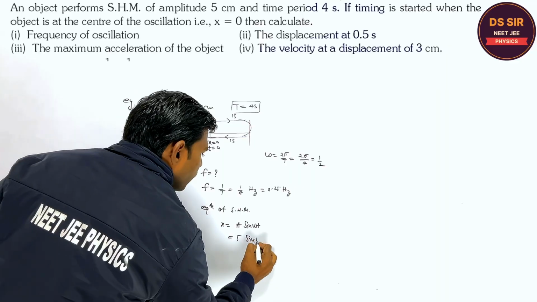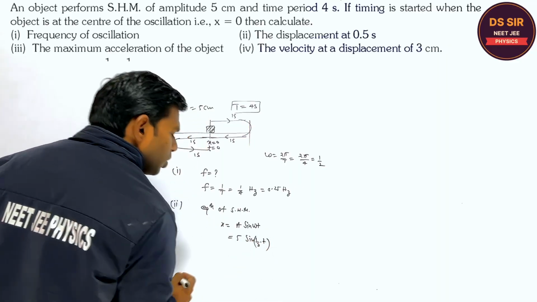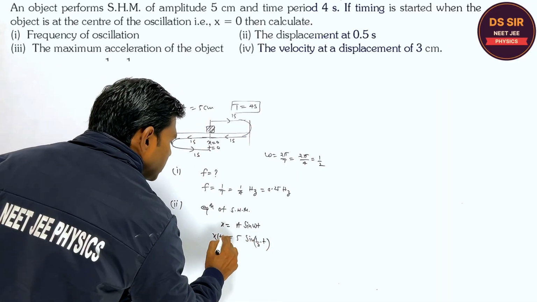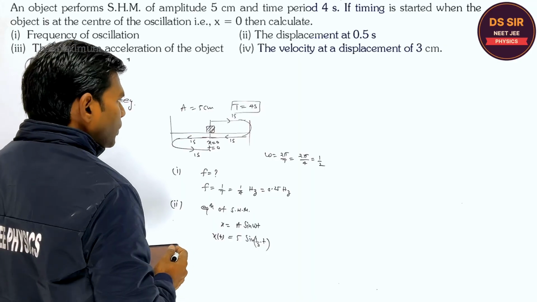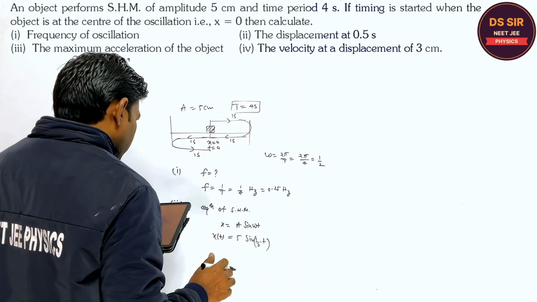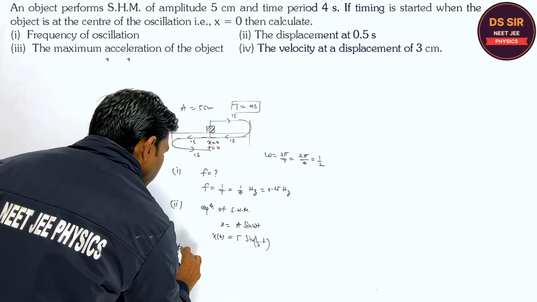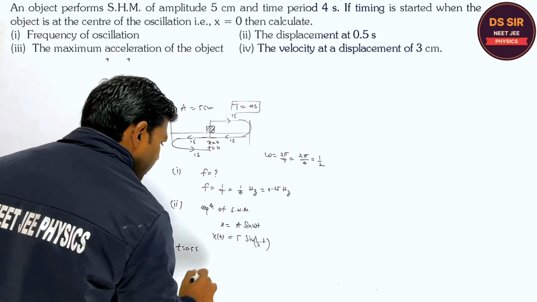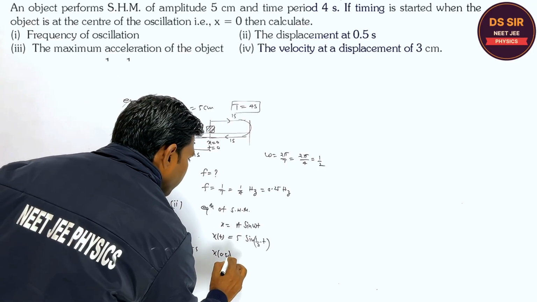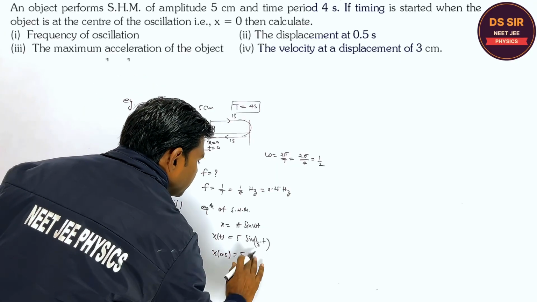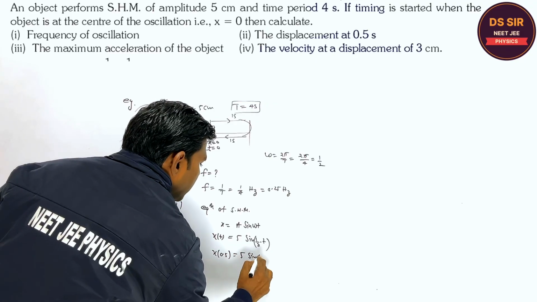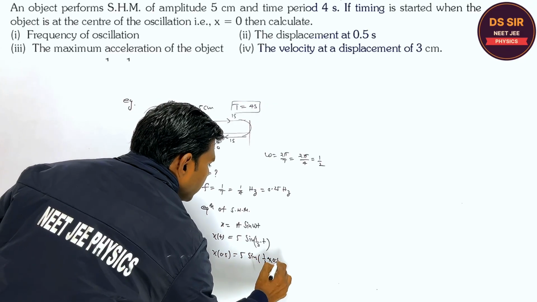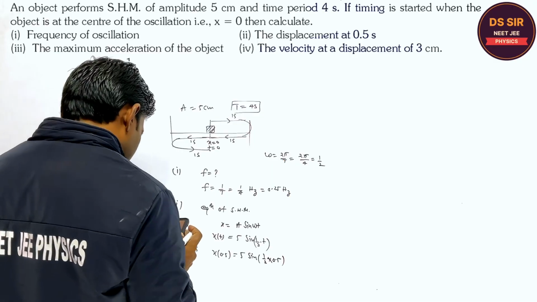So here pi by 2 into t. Is it clear or not? So this is the displacement as a function of time t. They are asking the displacement at 0.5 second, right? So I will write 5 sine of pi by 2 into 0.5. Is it clear or not?